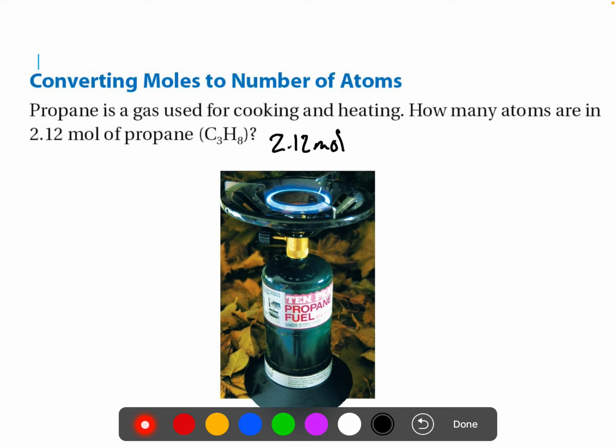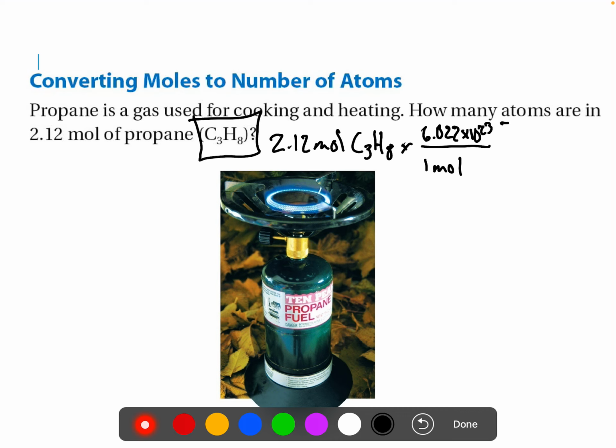Going the other way, you have 2.12 moles of propane, and then you'd say, okay, well, 1 mole is 6.022 times 10 to the 23rd particles. In this case, what is the particle? Well, the particle is a compound.